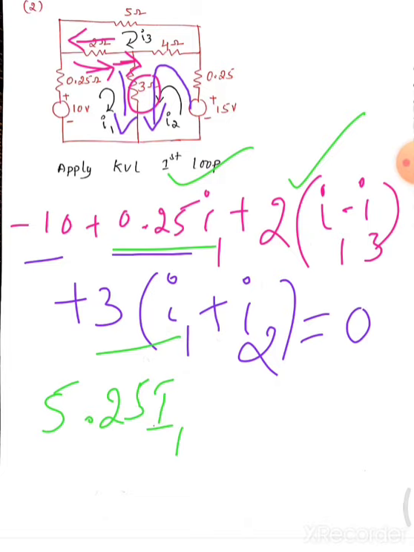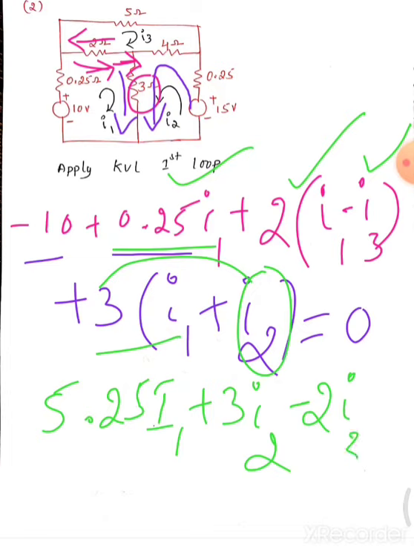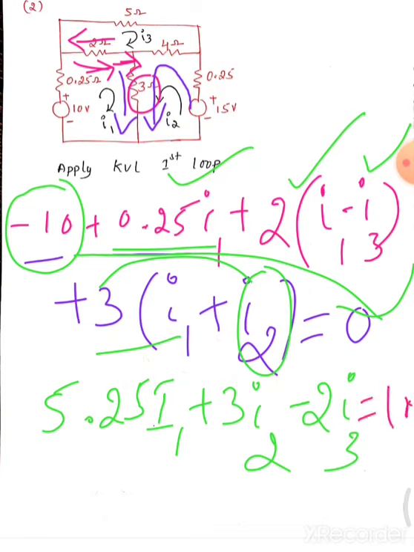Next I2: there is only one I2, multiplied by 3, so plus 3 I2. Then for I3 you have one more element, minus 2 I3. The minus 10 volt goes after the equal sign, which becomes plus 10.